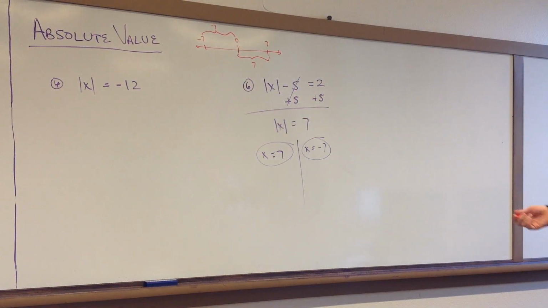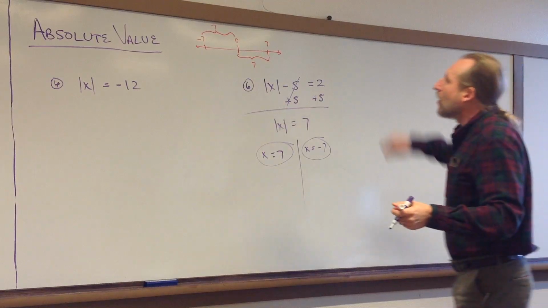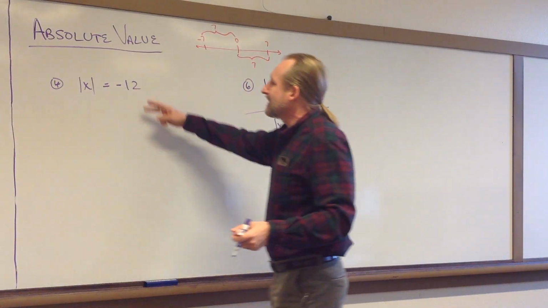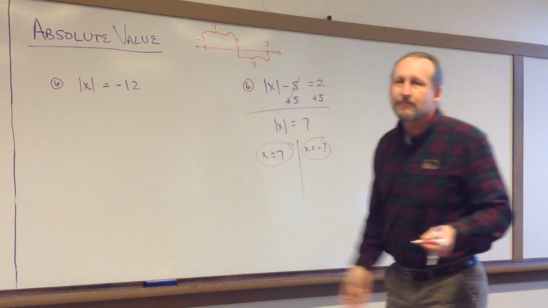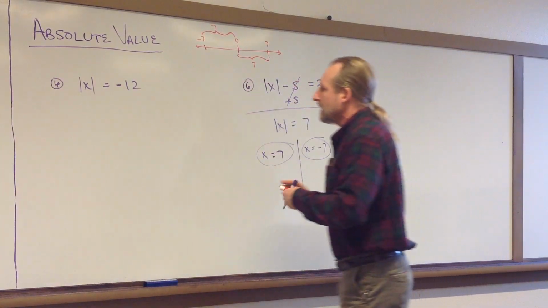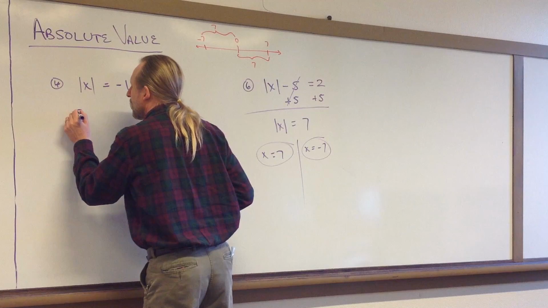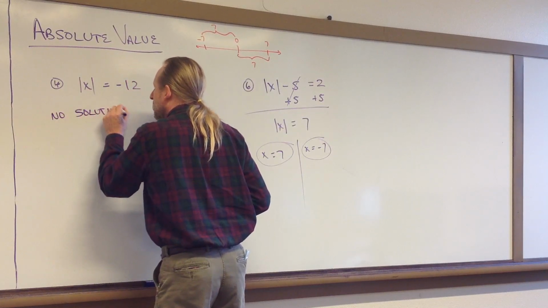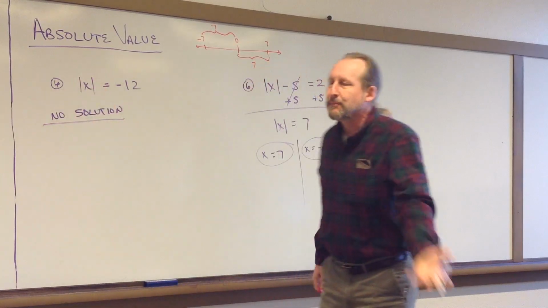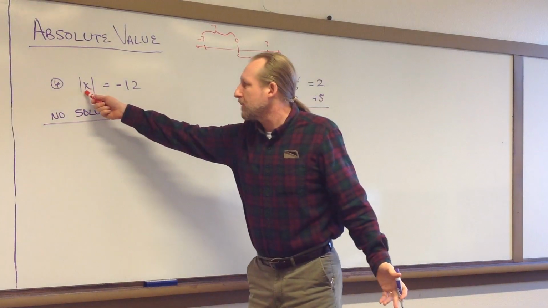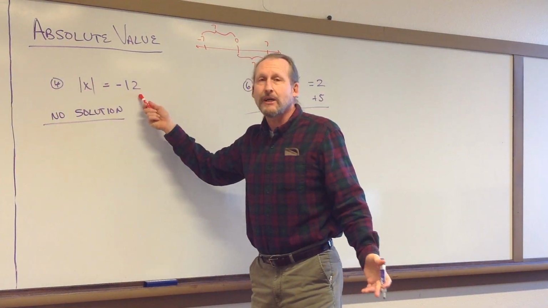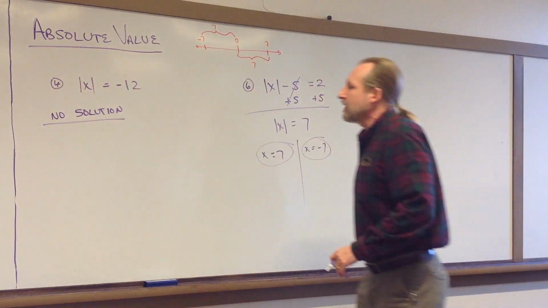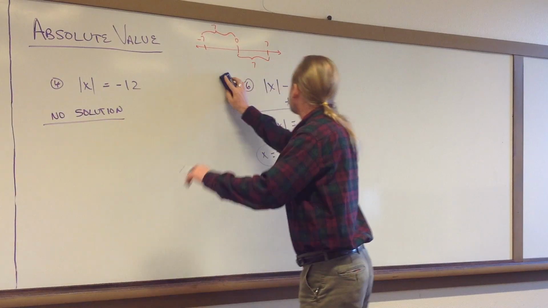We don't consider the direction you're going, we're only interested in the distance from 0. So a distance of -12 doesn't have a lot of meaning on this number line, and so this is one of those situations where we say no solution, because the absolute value is always positive. No matter what number I put in here, the answer comes out positive, so it'll never be equal to -12. So that's why we get no solution on that one.